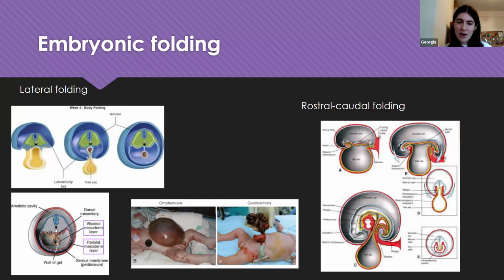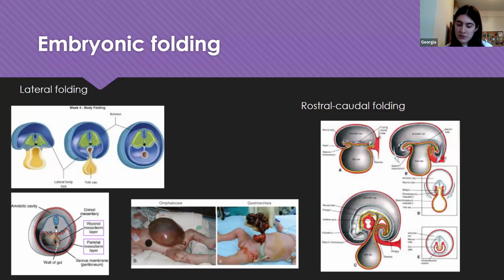Now this tube is open at the rostral end, where it will form the mouth, and is also open at the caudal end in something called the cloacal membrane, and this is the anus and urogenital opening. So defects in this lateral folding can lead to failure of the body wall to form correctly, such that the abdominal contents that should be lying inside end up lying on the outside.